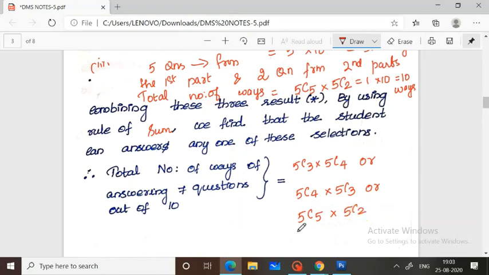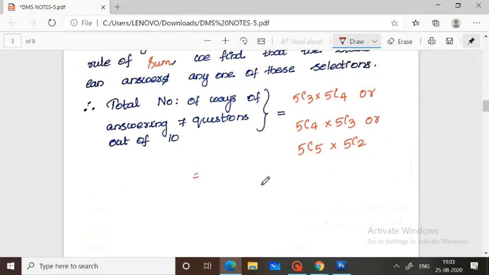What is 5C3 into 5C4? The answer is 50, or, the symbol denotes the plus symbol, 50 plus 50 plus 10, that is equal to totally 110 ways. This is the question.